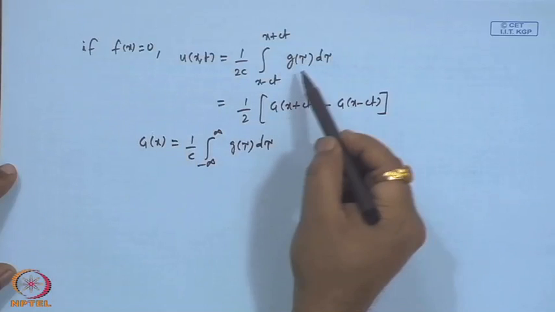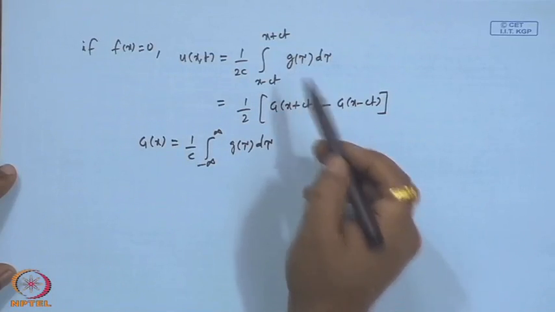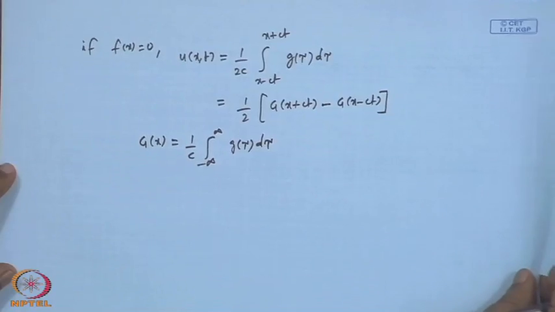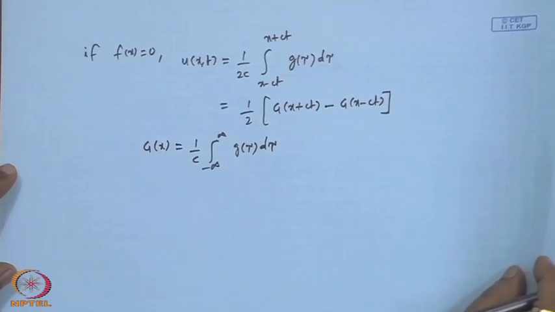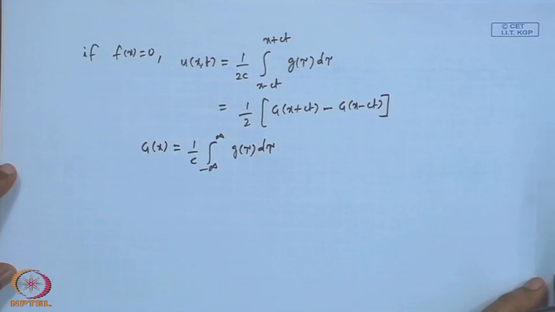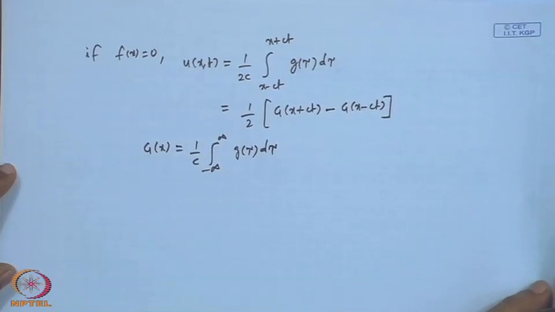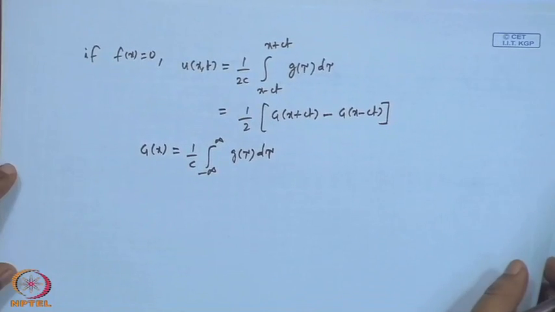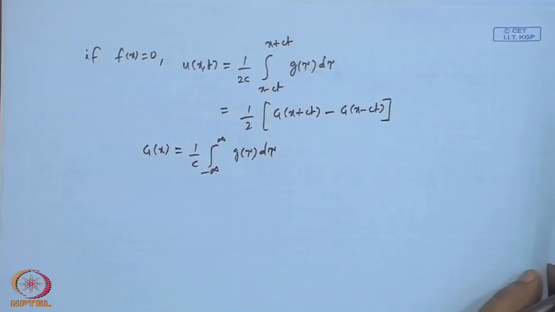Again, for a given initial g of x, we can see how it progresses. At least it is useful to understand the analytical solution, which is d'Alembert's solution, and the corresponding physical significance.